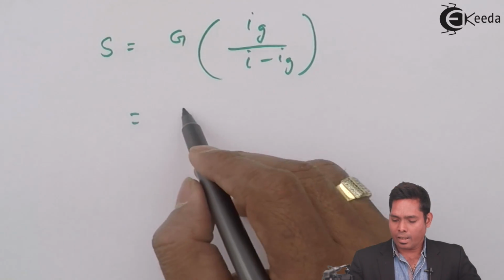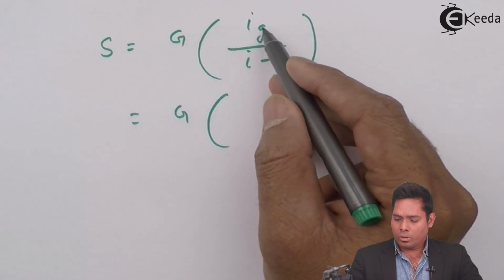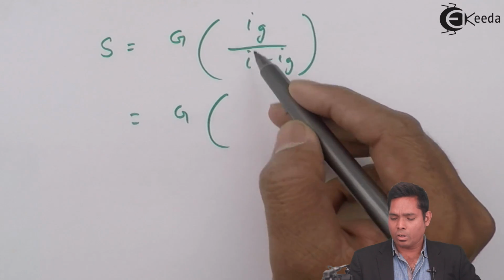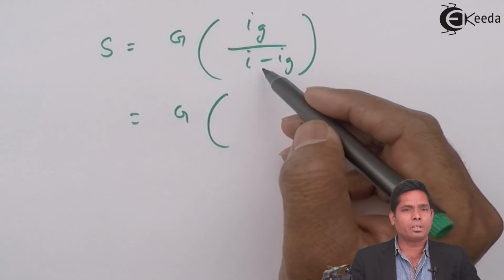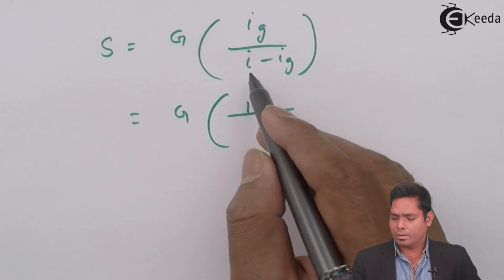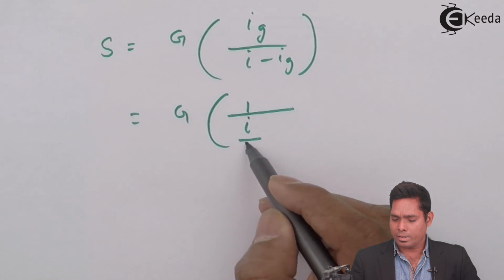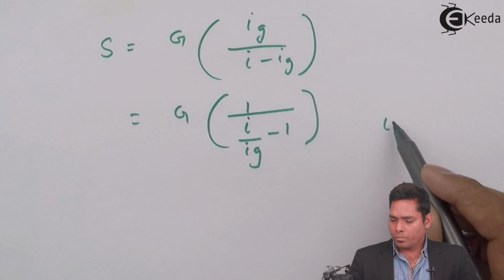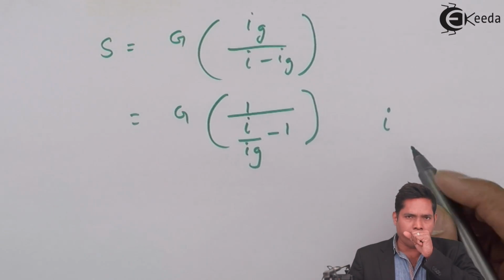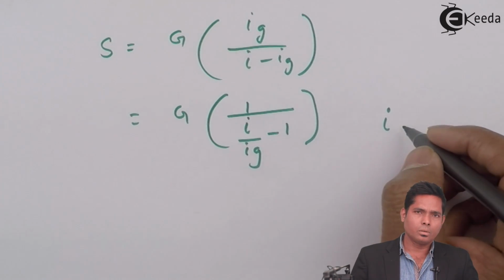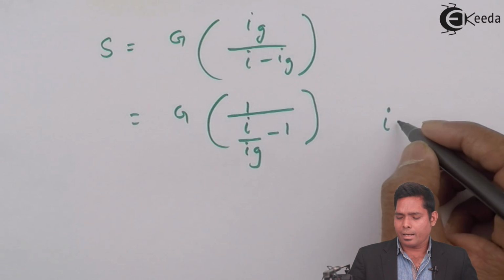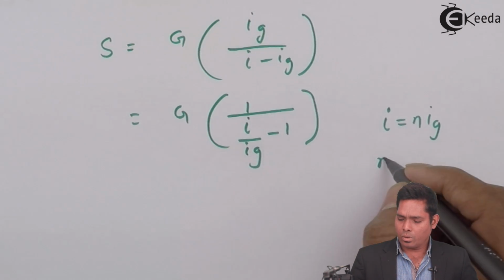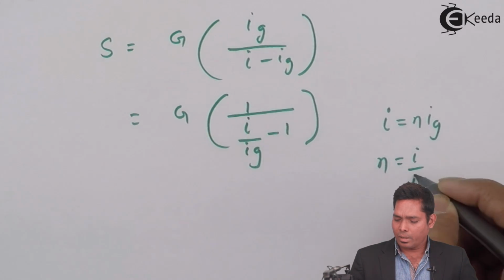This you can solve as G into, this Ig is brought down, dividing the expressions in the numerator and denominator by Ig. This becomes 1, this becomes I over Ig, and this becomes minus 1. We know that I equals N times Ig, so N is I over Ig.